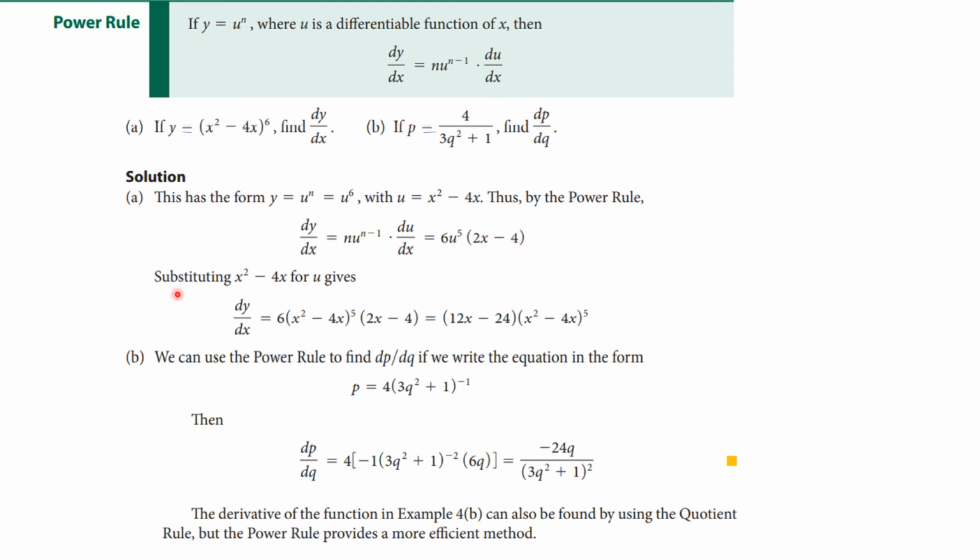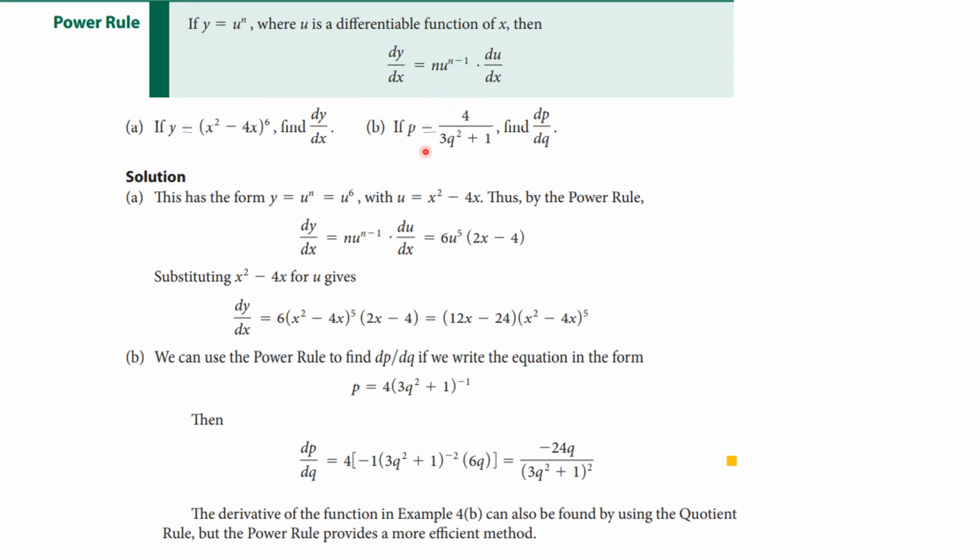Then we substitute u equal to x square minus 4x, so we get 6 times x square minus 4x to the power 5, times 2x minus 4. After we simplify, we get 12x minus 24 times x square minus 4x to the power 4.